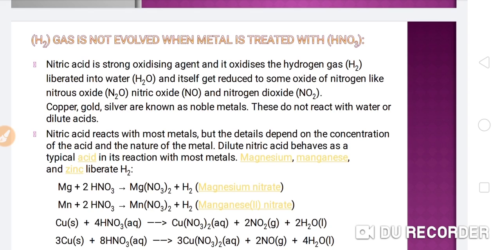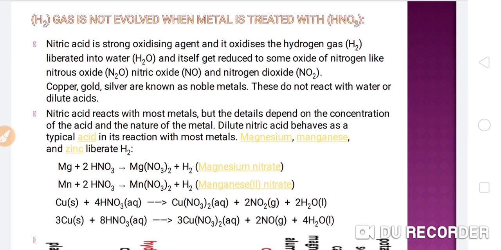Nitric acid is a strong oxidizing agent and it oxidizes hydrogen gas, which means the hydrogen gas will be oxidized and converted into water, and nitric acid itself gets reduced to some oxide of nitrogen like nitrous oxide, that is N2O, nitric oxide, that is NO, and nitrogen dioxide, that is NO2.